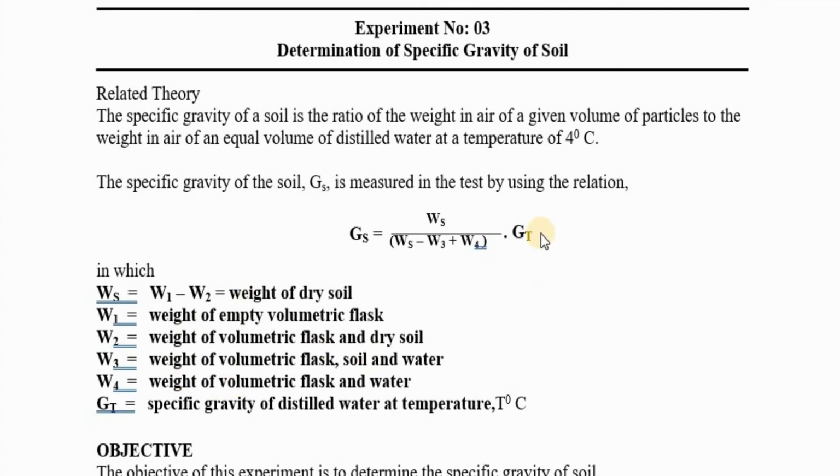There is also another portion, Gt. Gt means the specific gravity of the distilled water at temperature T degrees Celsius. So it depends on the room temperature. We previously determined the room temperature, and by using that temperature, there was a chart from which we can get the value of Gt. This is a constant value.